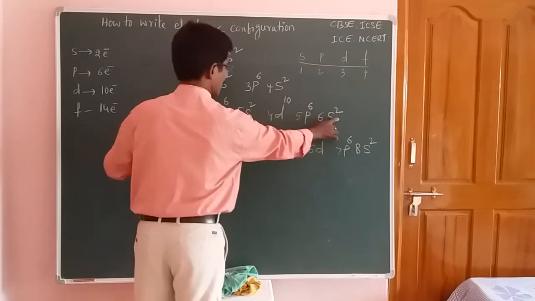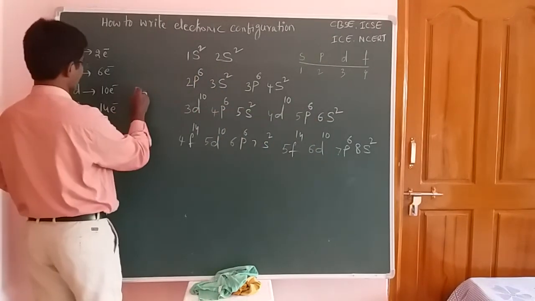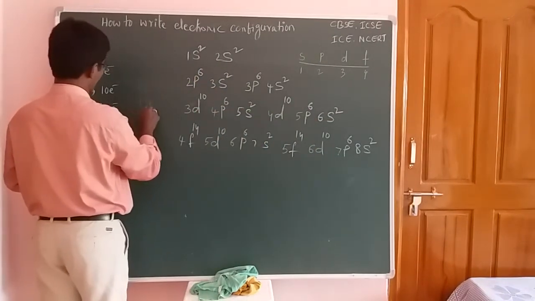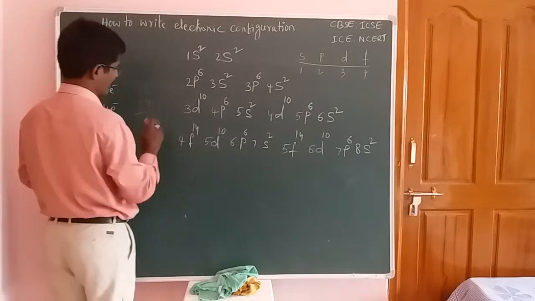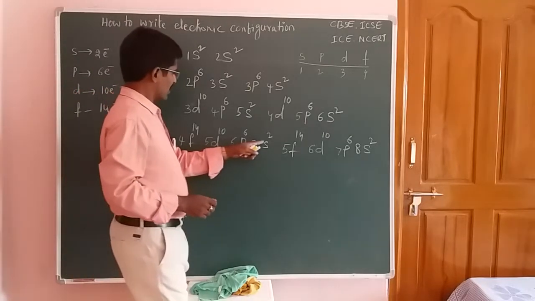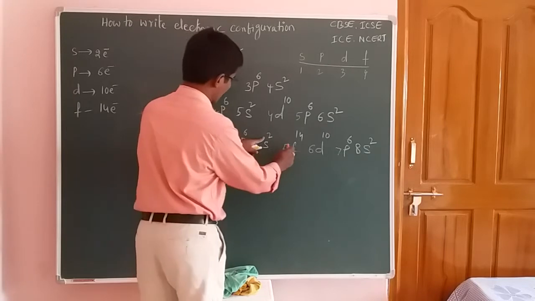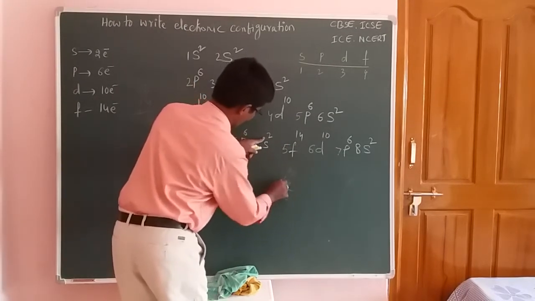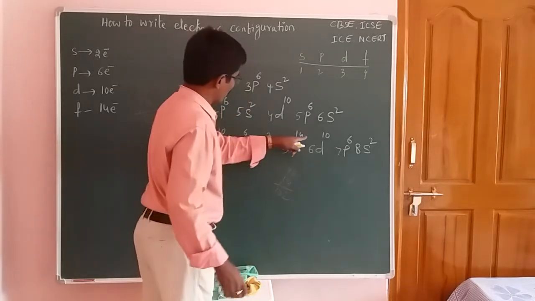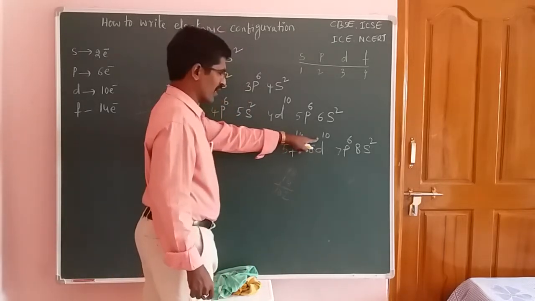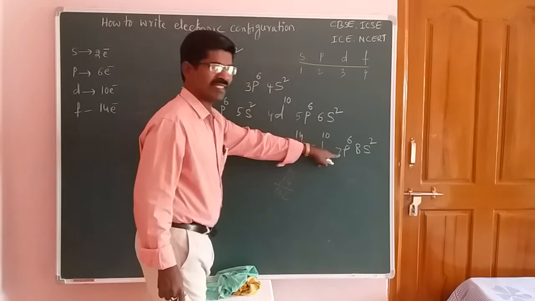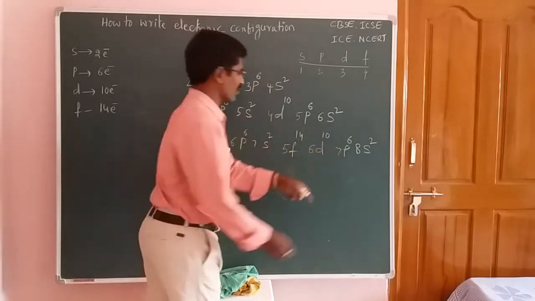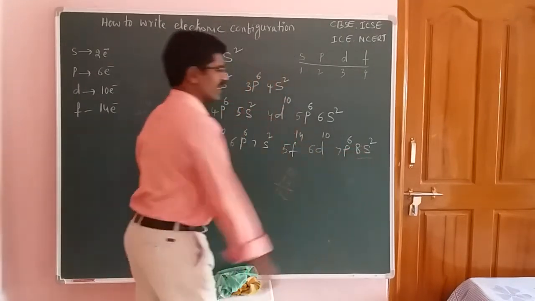Now after 56, the next is 14, students, so 70, then 10 gives 80, then 6 gives 86. Then 88, and the next one is 14, so 102, and 10 gives 112, and 6 gives 118, students. Of course, it gives 120 elements, students.